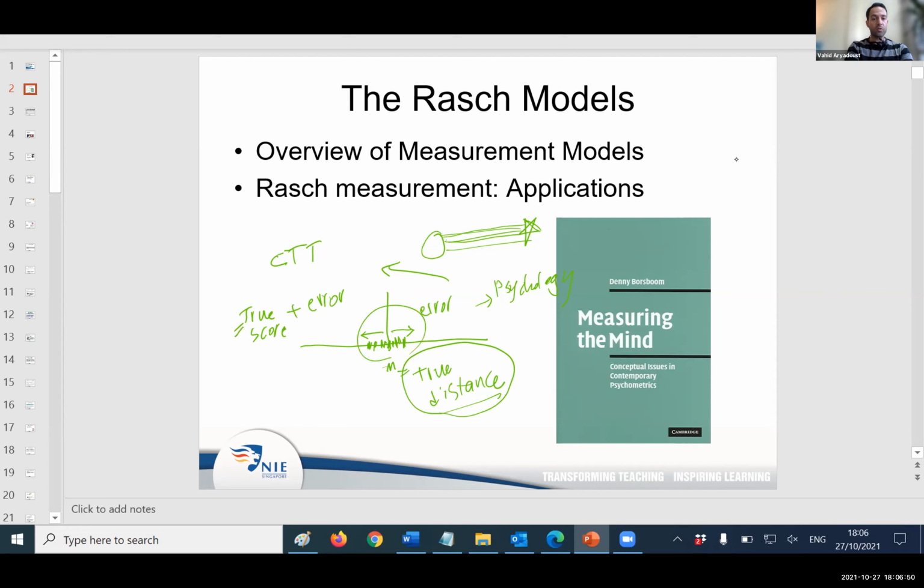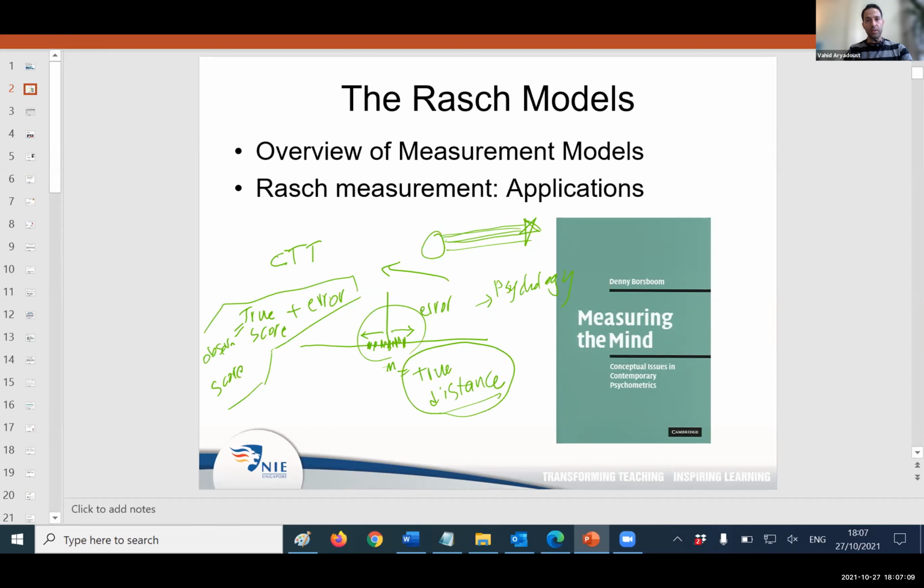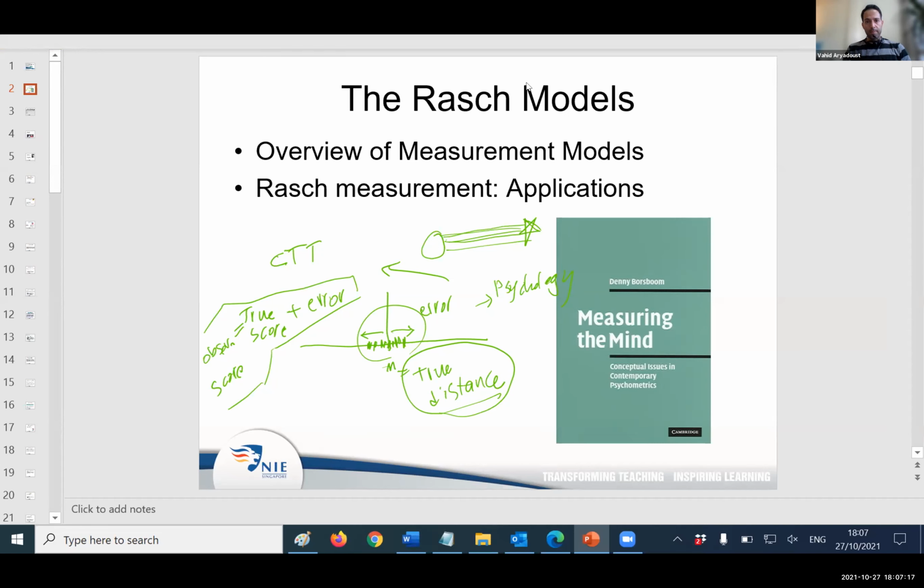And this is what your observed score is. Okay, so this idea is still useful, but what Rasch did was to change this idea a little bit. We're going to talk about this today.